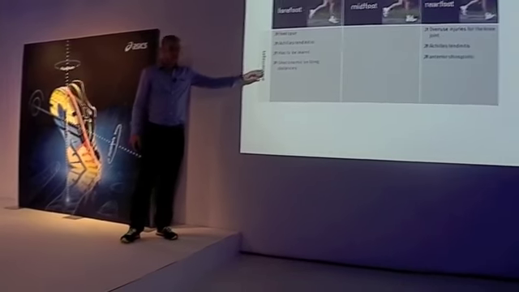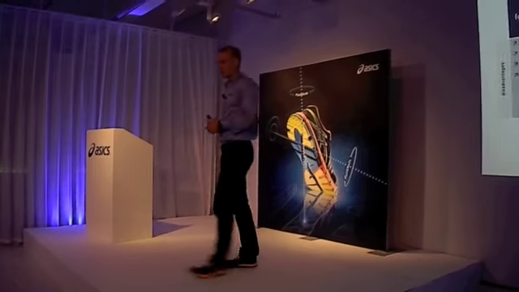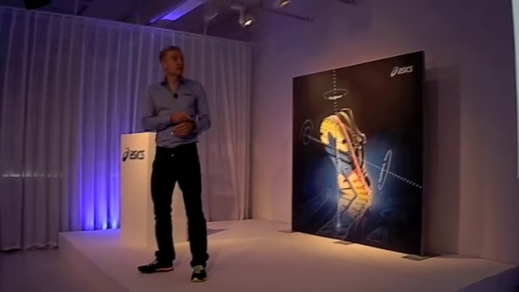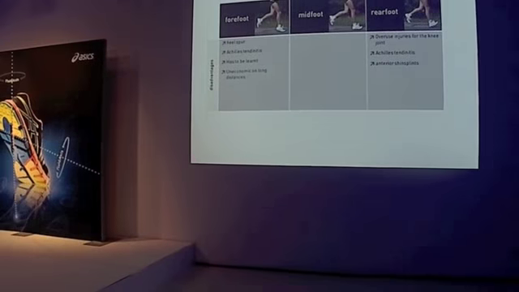It's uneconomic on long distances, that's another problem. And if we consider rear foot running, we get a lot of overuse injuries for the knee joint. That's a problem for the rear foot striker.